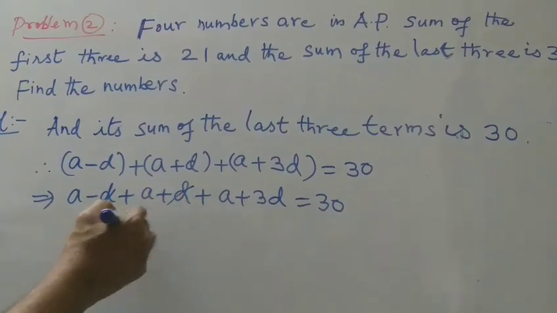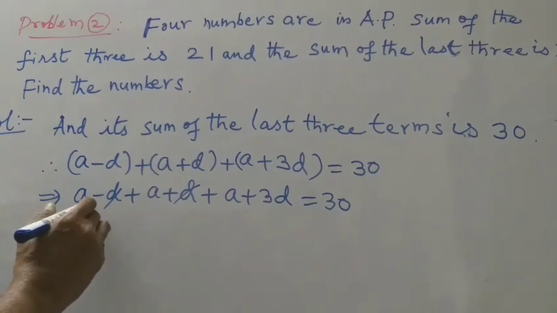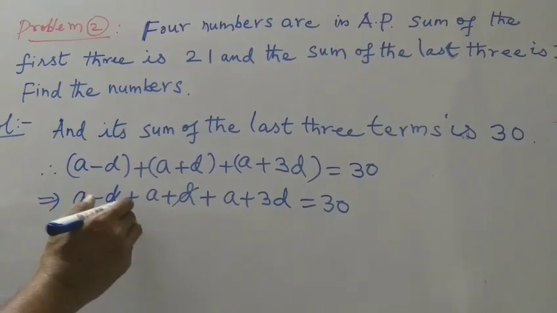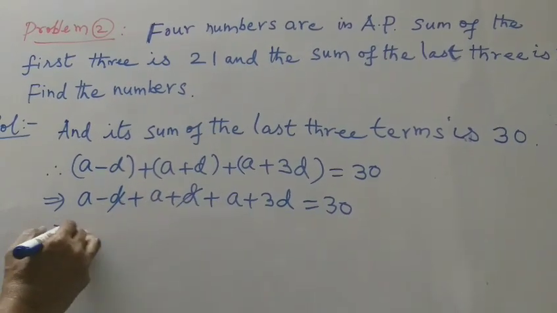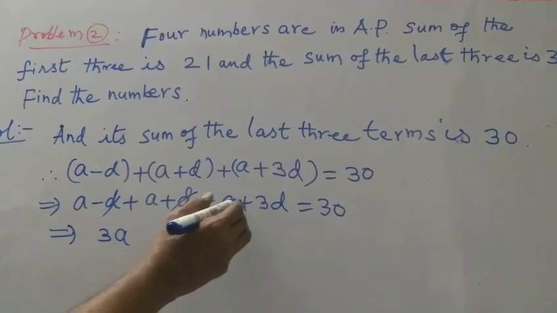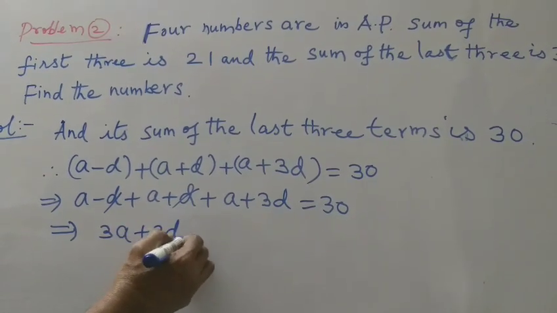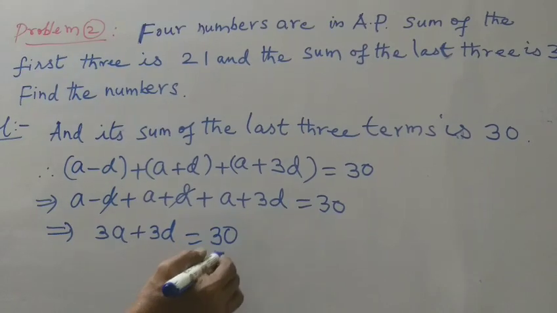Minus d plus d, both are cancelled. The remaining leftover terms are a plus a plus a, which becomes 3a, and 3d is left over here. So 3a plus 3d is equal to 30.